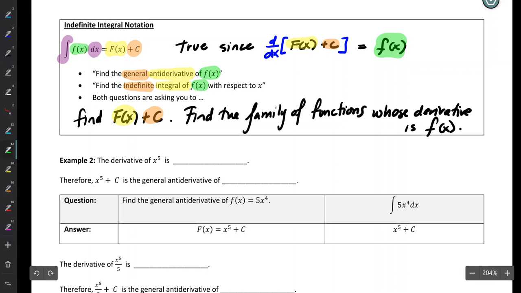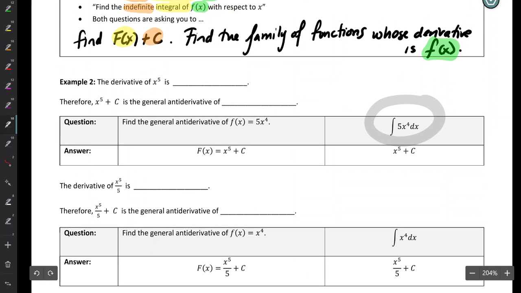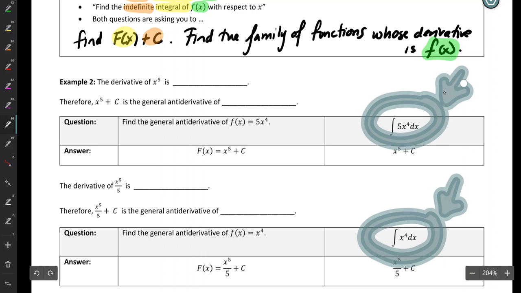Okay. So we're just going to get some traction with reading these questions, because in the past we've given it all to you in words. I'm going to go ahead and do it with you in words, but we want to transition to just looking at that notation and knowing what question it's asking me, what family of functions it's asking me to find. Okay?